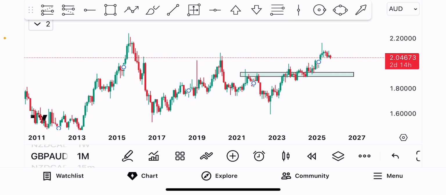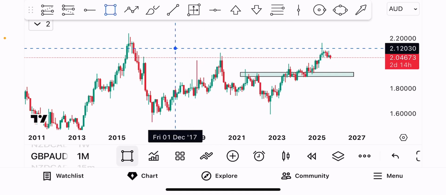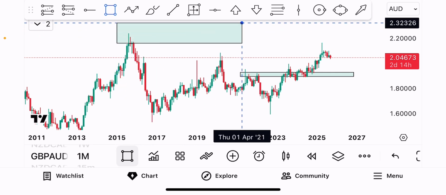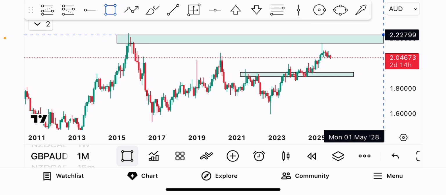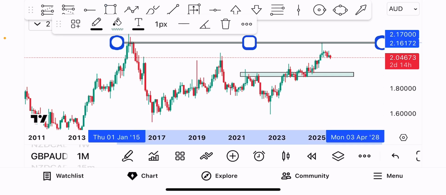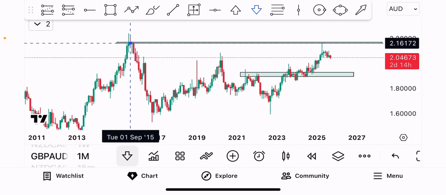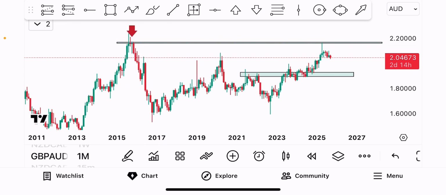That's the first. And also, as it is trading bullish, we have a tendency that price might likely trade back to this high here, because we have another high sitting around this level here. This is the structure we have from the monthly time frame.